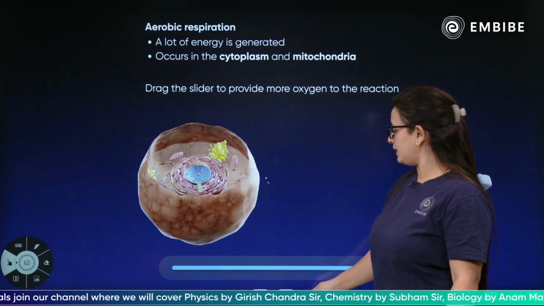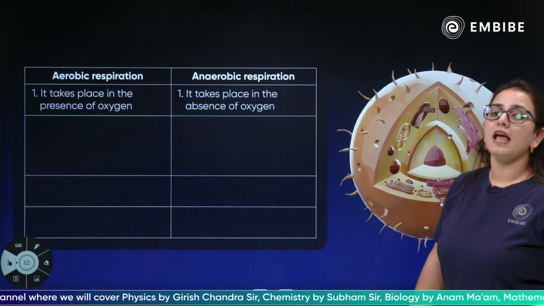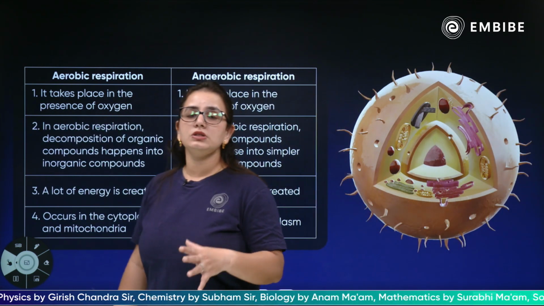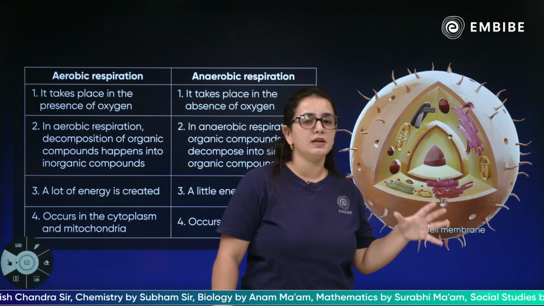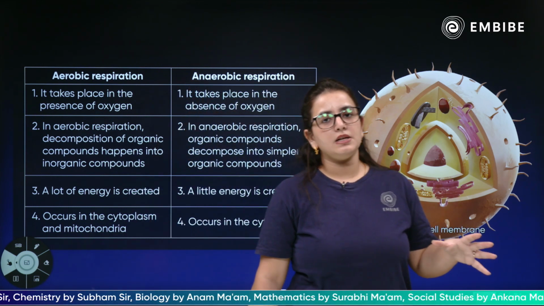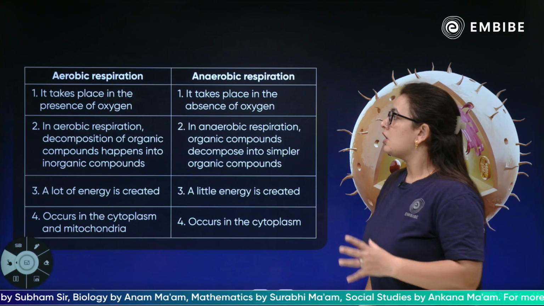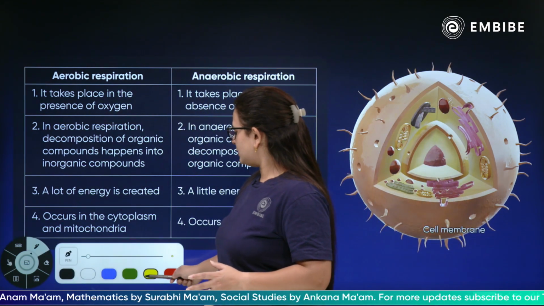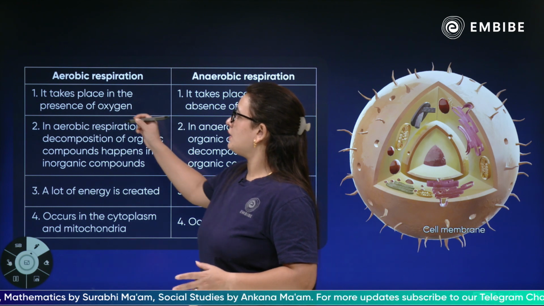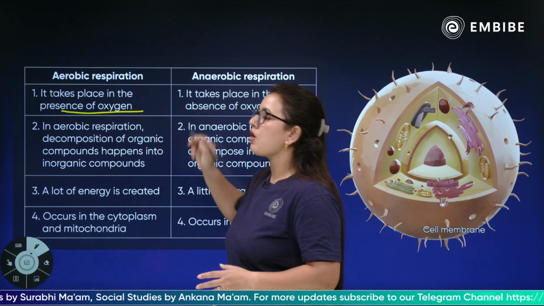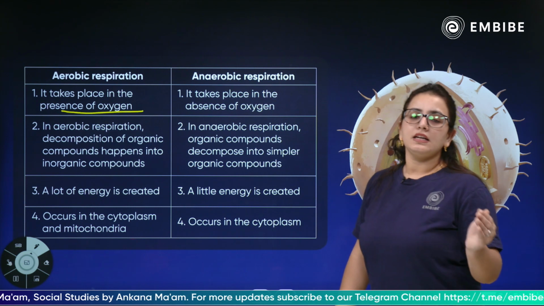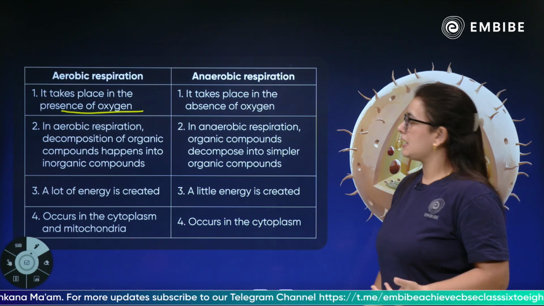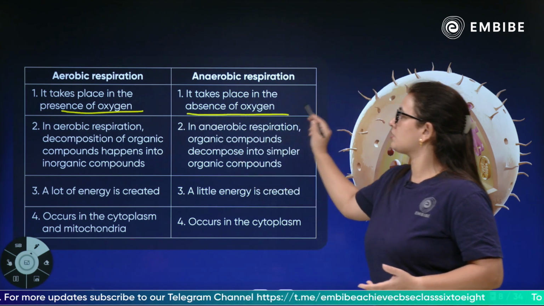Moving forward, next we have anaerobic respiration, and we will create a difference between aerobic and anaerobic respiration. So what is aerobic respiration and what is anaerobic respiration? Aerobic respiration, as you know, takes place in the presence of oxygen. On the other hand, we have anaerobic respiration, which takes place in the absence of oxygen.